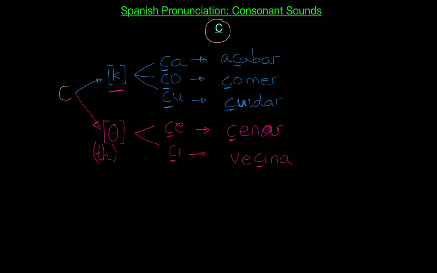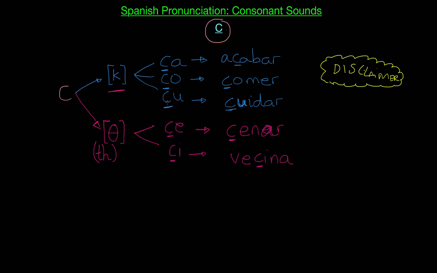At this point, I need to do a little disclaimer, a little warning. I am from Barcelona, from northern Spain, and this is the way I would pronounce it. This is the way you will probably find it in most of Spain, the and thi.